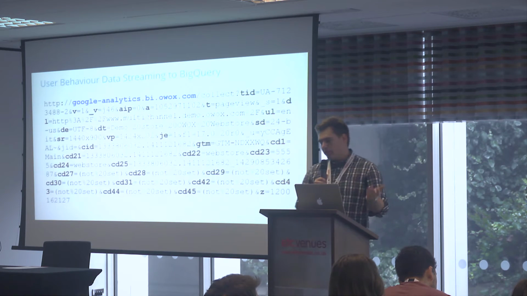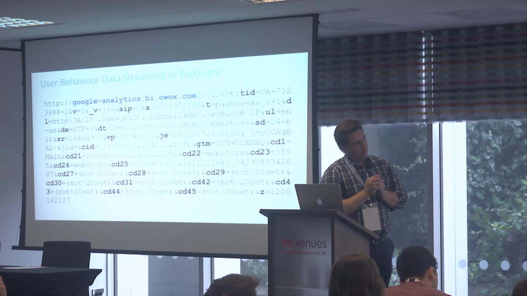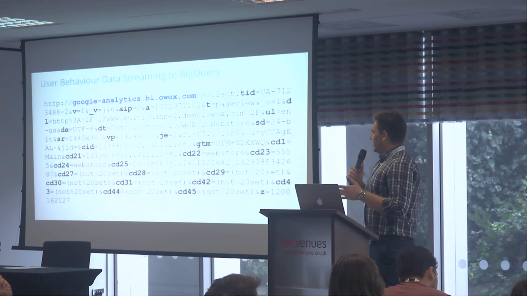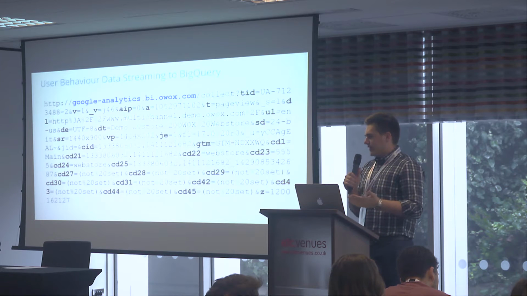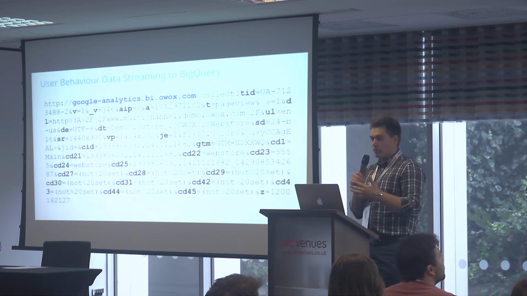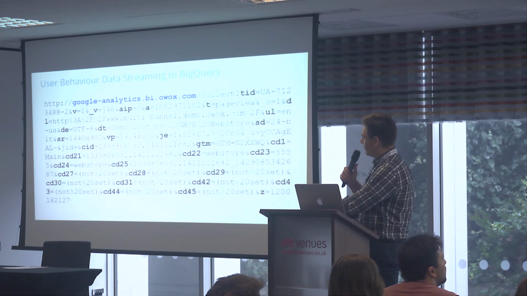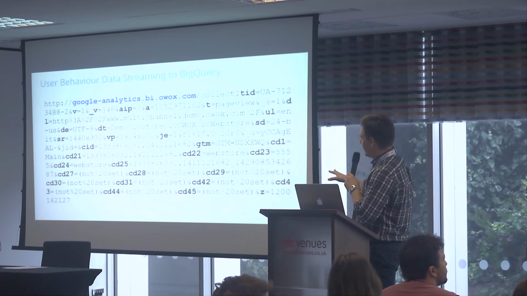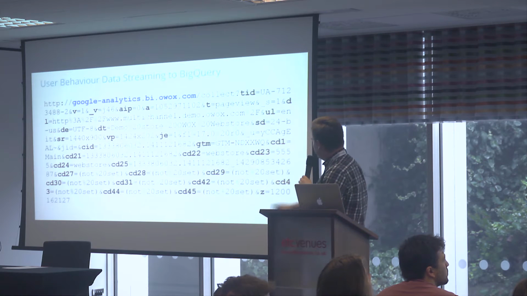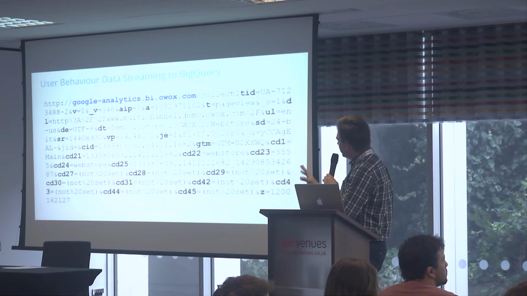So I was talking about data streaming to BigQuery, so how does it work? This is just a request that I copied from the Chrome console, and you see that it has all the parameters of GA. There are a lot of custom dimensions like cd22, cd23, and all this stuff.